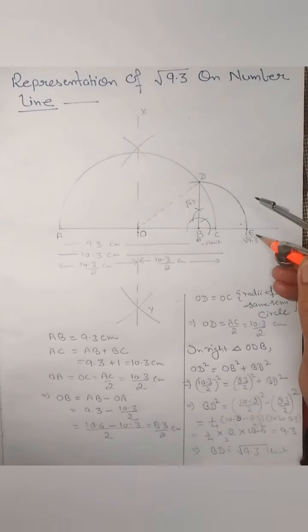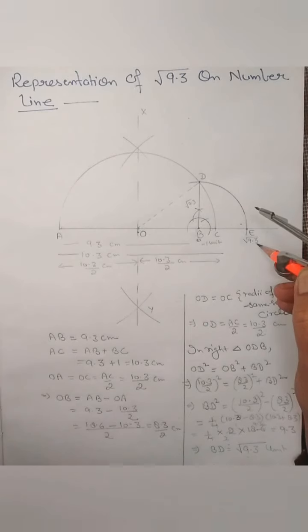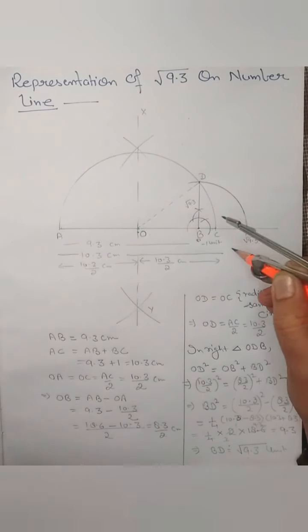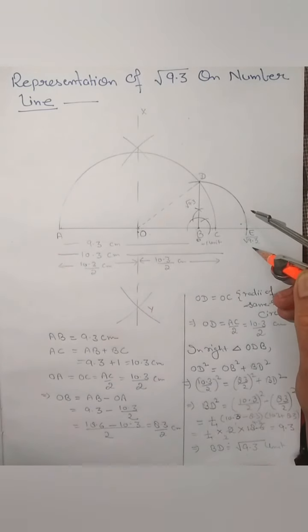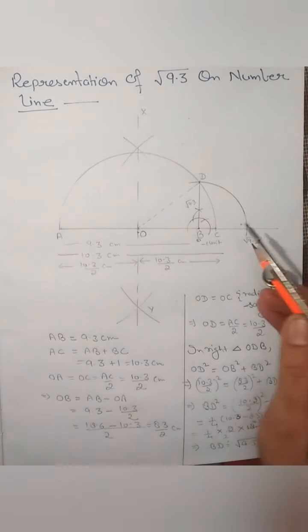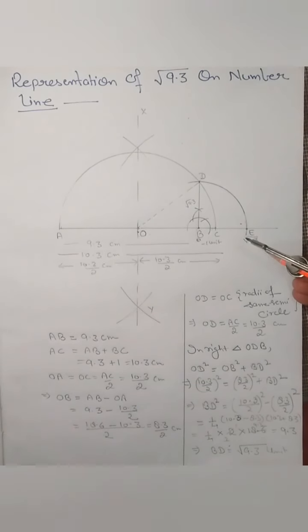We name this point as E, so we can say that BE is equal to root 9.3 unit. This way we can draw the square root of any positive real number on the number line. Here we have taken an example of root 9.3.